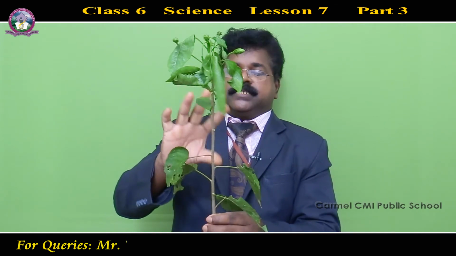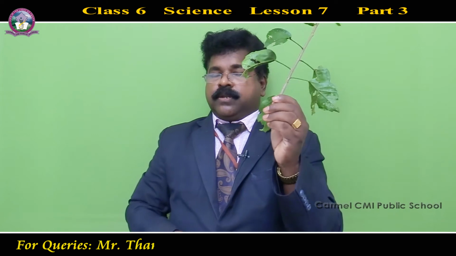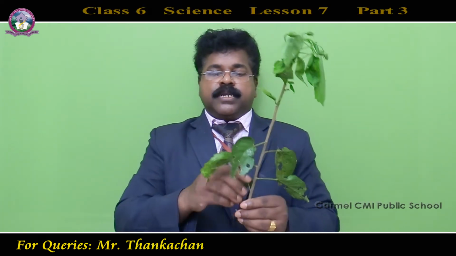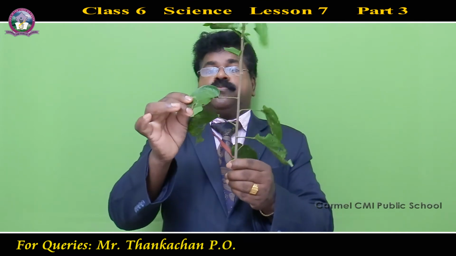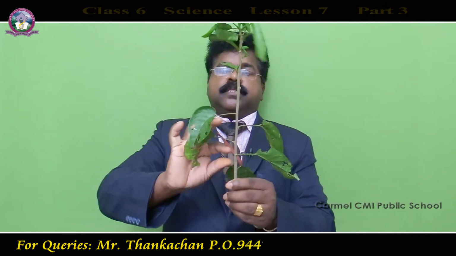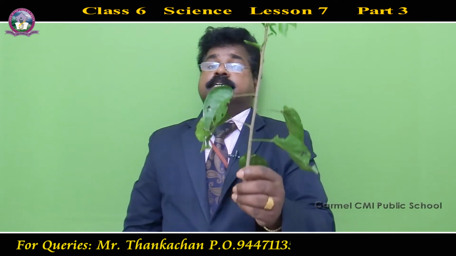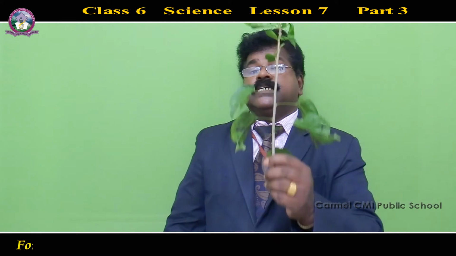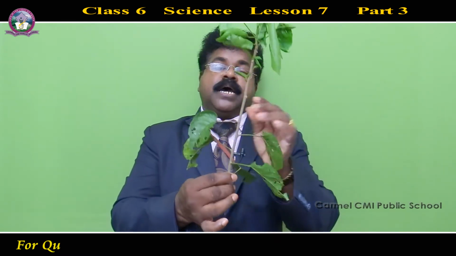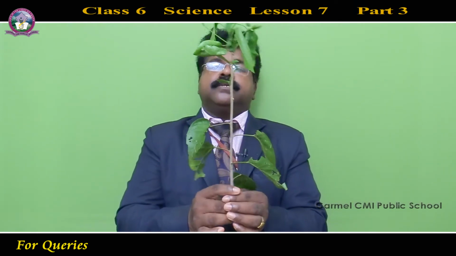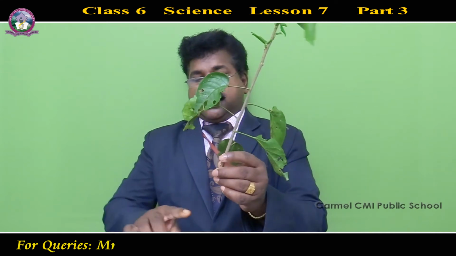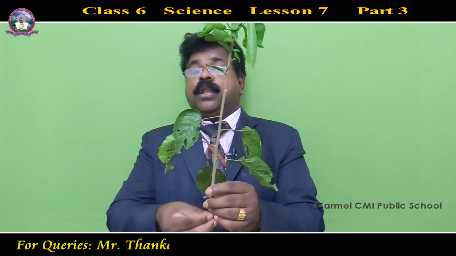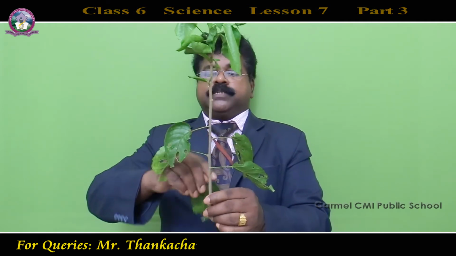At the same time, the root system is there already. I told you, the root system absorbs water and minerals, and they are transported to the leaf for preparation of food. So in this plant, the stem will act as a two-way traffic, just like a street having two-way traffic. What are the two ways? One is transporting water from the soil to all parts of the plant body, especially towards the upper part.